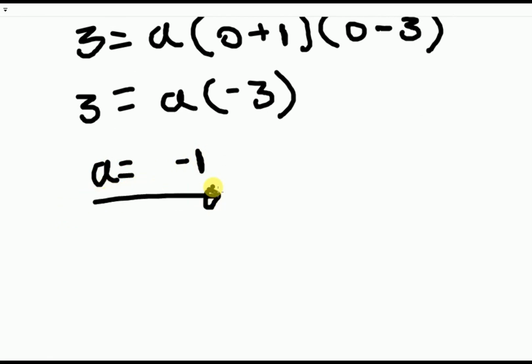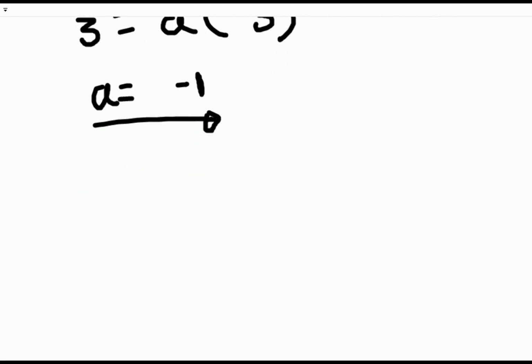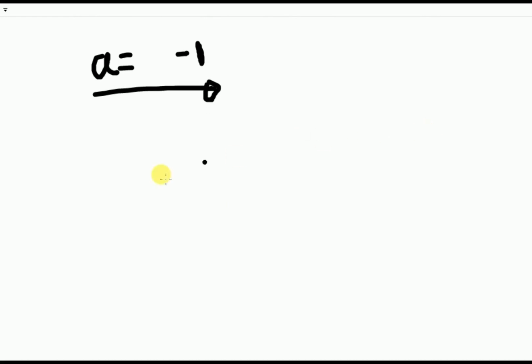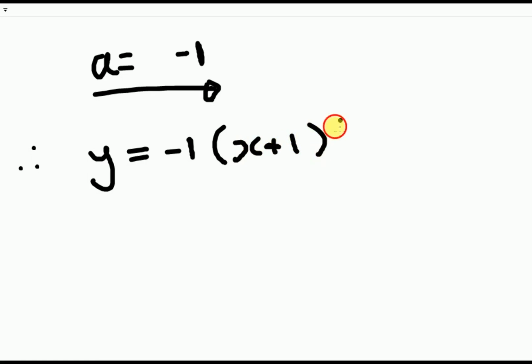Since we have found the value of A, we find the general formula of g of x, which is y is equal to, now we substitute the value of A, minus 1 open bracket x plus 1, then x minus 3.